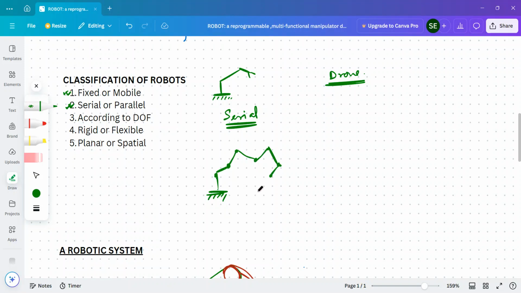This is called a serial robot. And what is a parallel robot? Let me draw a very basic diagram of a parallel robot.